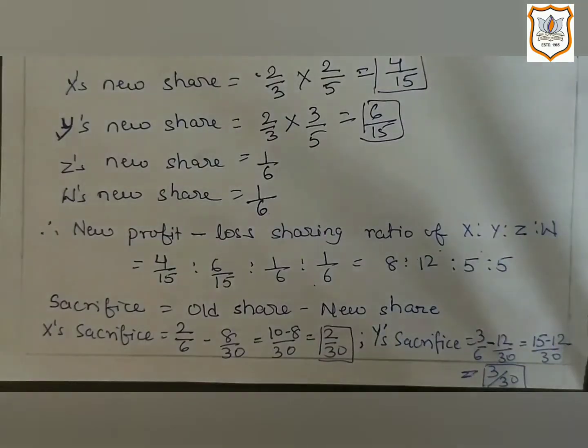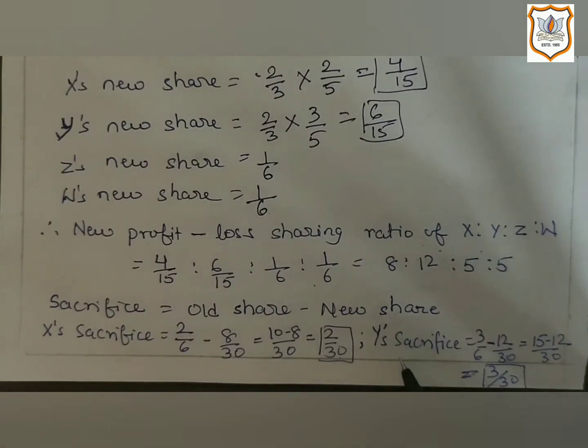Now let us find out the sacrificing ratio. Here the formula is old share minus new share. So X's sacrifice: X's old share was 2/6 minus his new share 8/30, which we just calculated. If we solve it, we will get 2/30.